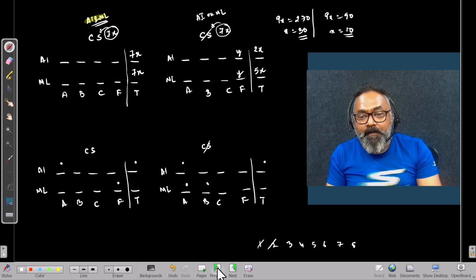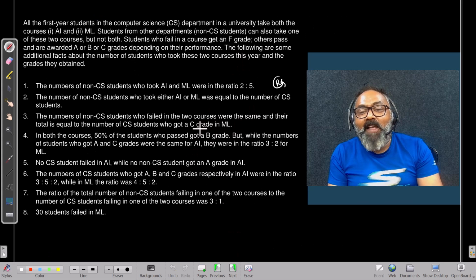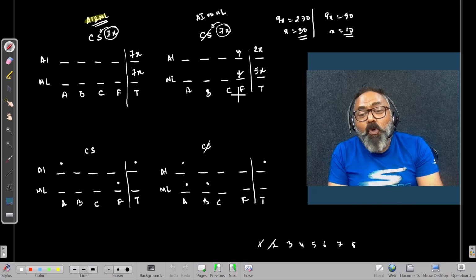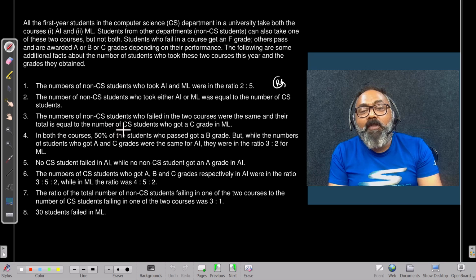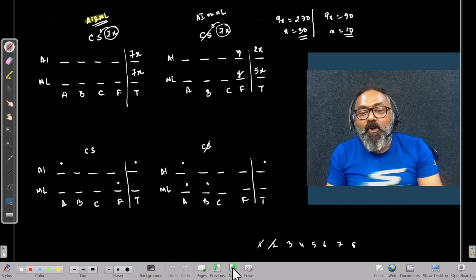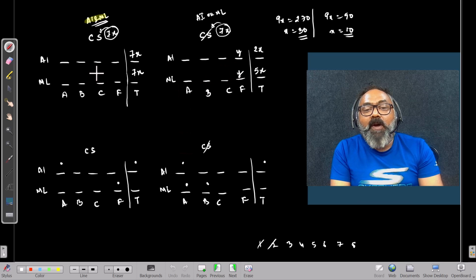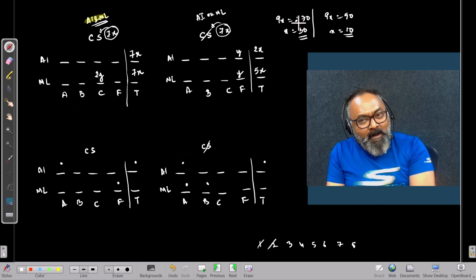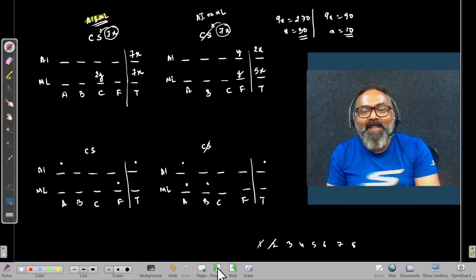Their total is going to be equal to 2y, which is the number of CS students who got a C grade in ML. Are you tempted to just put this value? I think life will be over immediately. So we have nailed 3 as well. Let's go to 4.